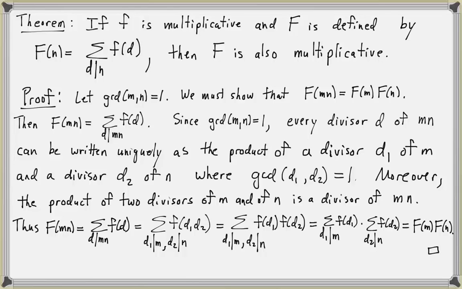Therefore, capital F is multiplicative. So I'm going to use this theorem to prove that tau and sigma are both multiplicative. So corollary, tau of n and sigma of n are multiplicative.